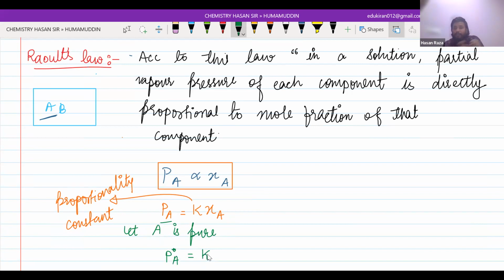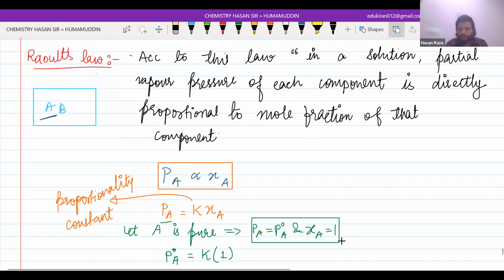And when A is pure, that means only A is present, then the mole fraction of A will be equal to 1. So I'm going to write it here. Let A be pure, then PA will be equal to P naught A, and the mole fraction of A will be equal to 1. Yes or no? Both of you, Austin, why are you not responding? Yes, sir. Is your mic not working? No, it works. Okay.